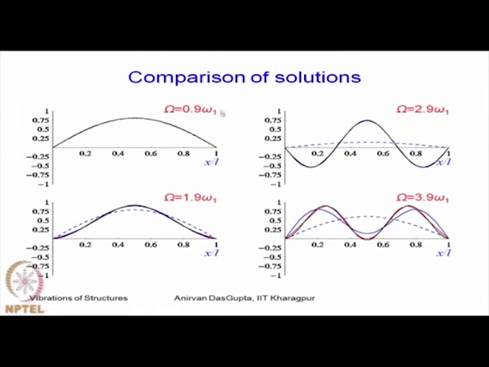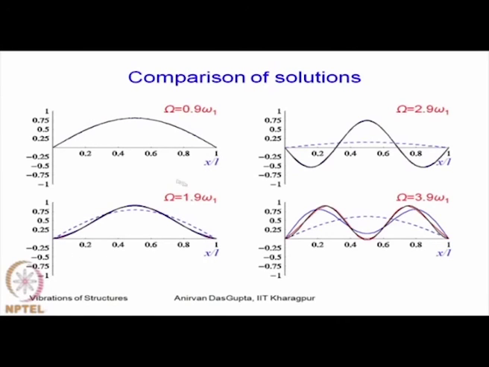So, it is 0.9 times the first natural frequency, and you can see that the exact solution and the series solution match. Actually, I have plotted this series solution taking one term, another solution with 2 terms, and another solution with 3 terms. Now, in the first plot, they are indistinguishable from the exact solution.